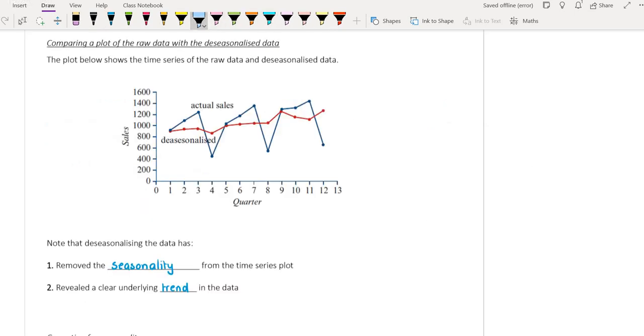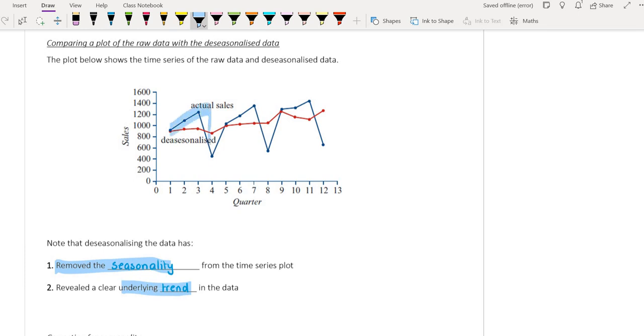So all of this stuff that we did in this video comes together, and we use it to deseasonalize a data set, so we can look at the trend of the data more easily, and it removes the seasonality from the data.